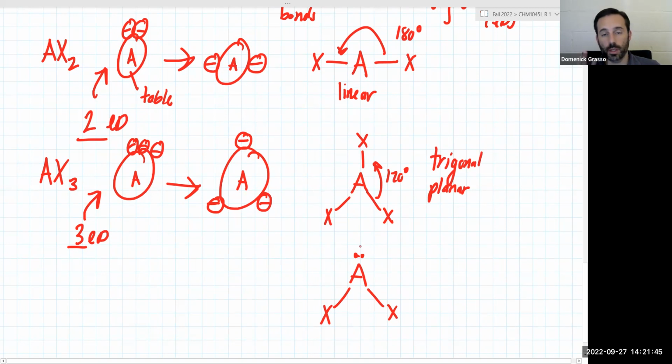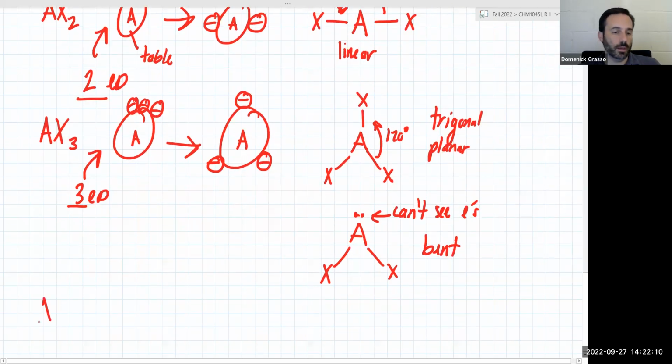There's still three electron domains, and they're still pushing each other away. But you can't see electrons, so what that object looks like doesn't look like a triangle anymore. Now it looks like a boomerang. And this is called bent, or angular.